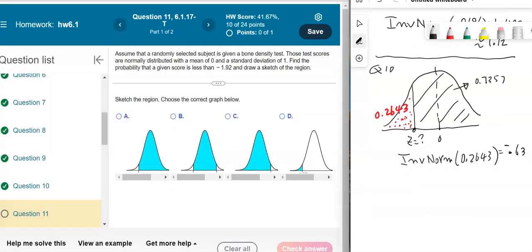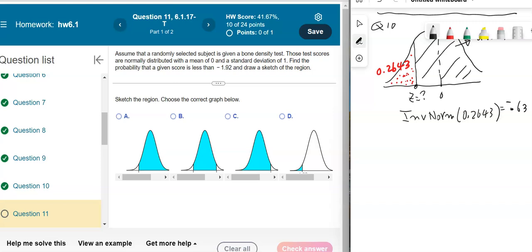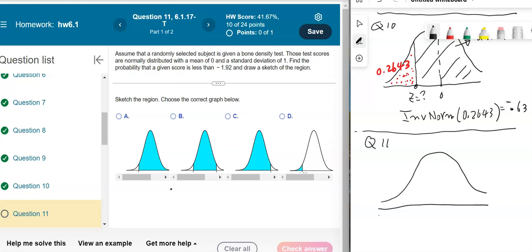Now, question number 11. Find the probability that the given score is less than negative 1.92. This is 0, so negative 1.92, area less than the z-score.